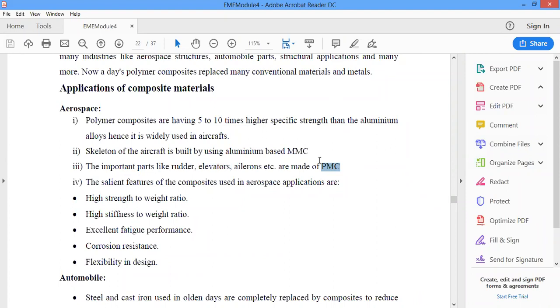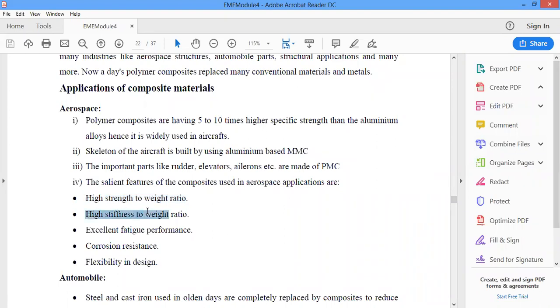They're also made by reinforcing fibers into it so that they are light in weight but have high strength. So the main feature of all these composites will usually be a high strength to weight ratio. They'll have a higher strength for 1 kg of this composite when compared to the same 1 kg of metal.